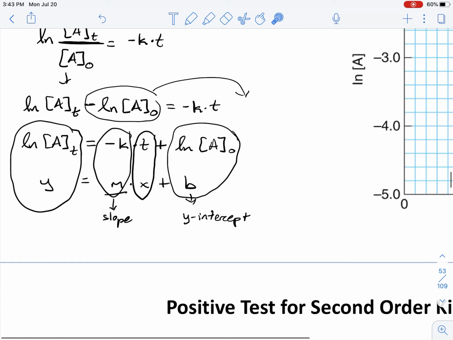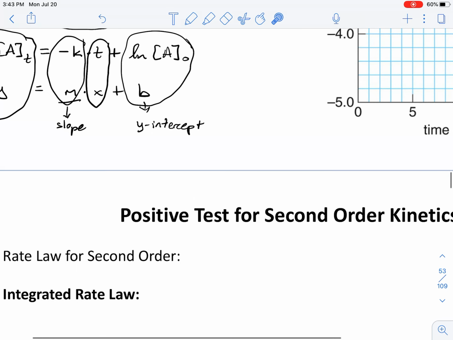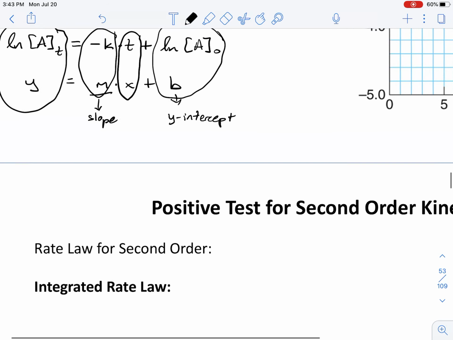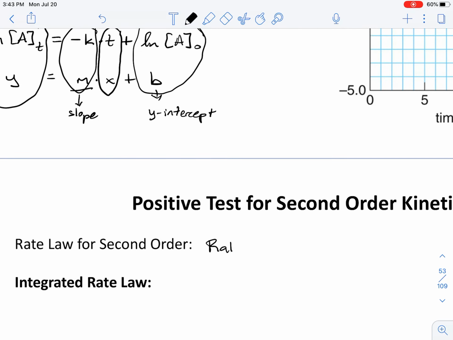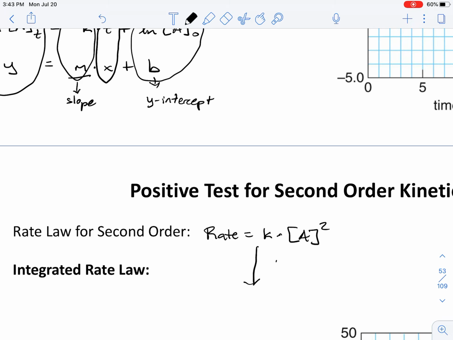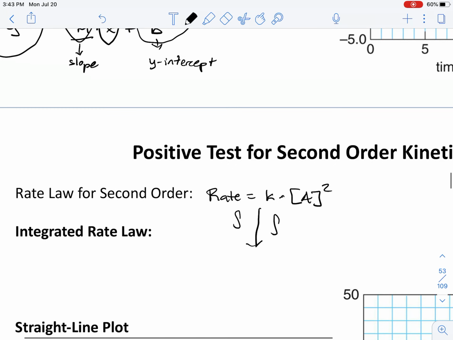Okay. Now, let's go ahead and talk about second order kinetics. Recall that the rate law for second order is rate equals k times the concentration of A raised to the second power. And if you were to integrate this rate law, you would get 1 over the concentration of A at some time period minus 1 over the concentration of A at the initial time period.